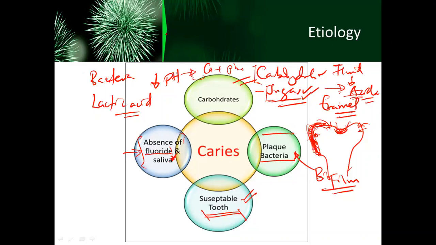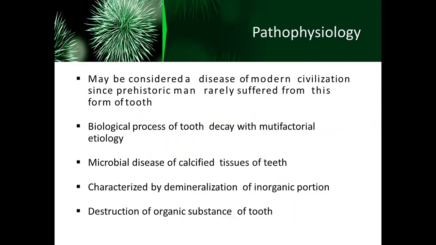So saliva is very important for oral health. If we don't have enough saliva, then we might have some sort of problem. Okay, good. So that is just some general kind of etiology.